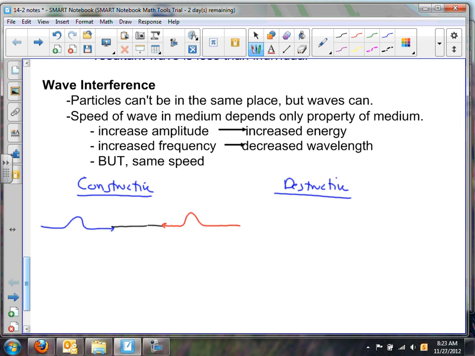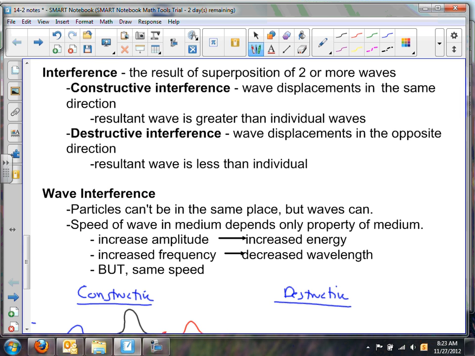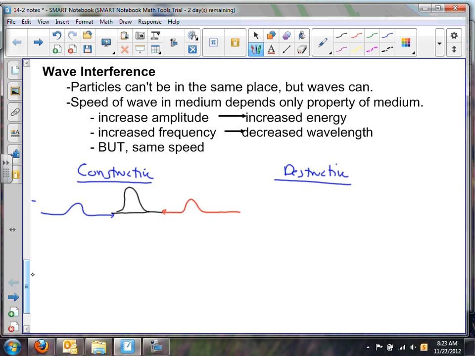When they meet in the middle, what's going to happen is you're going to add up the amplitude. So if this had an amplitude of 1, as did the red one, your total amplitude when they meet will be 2.